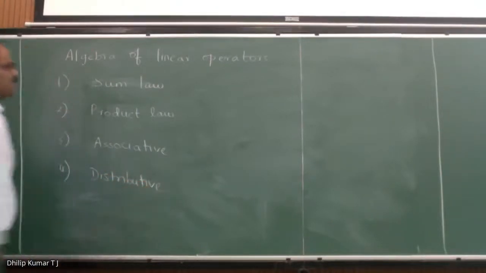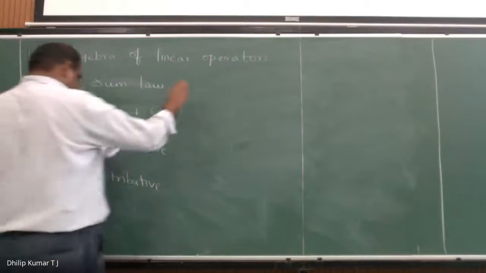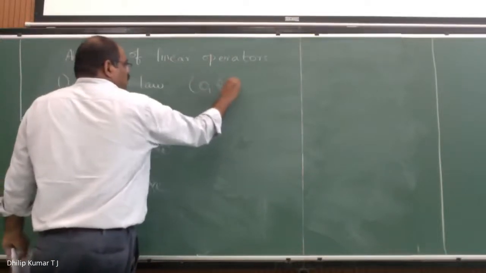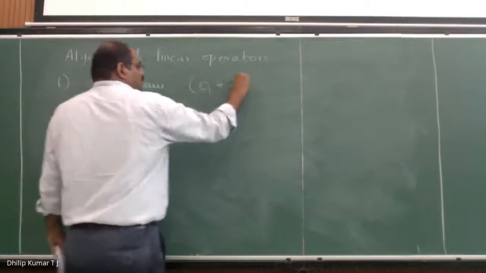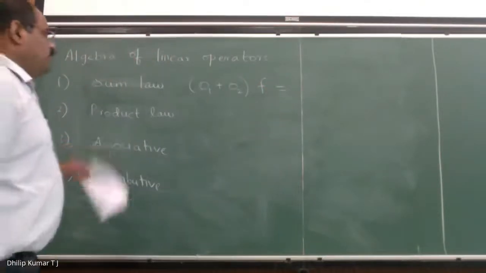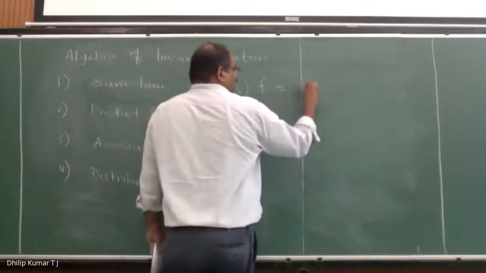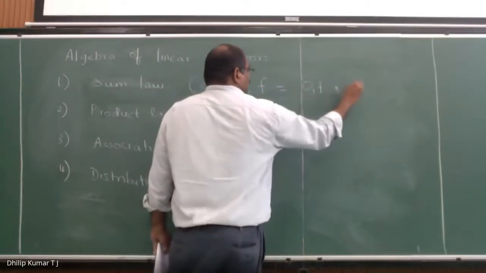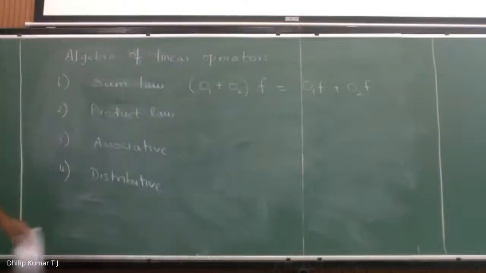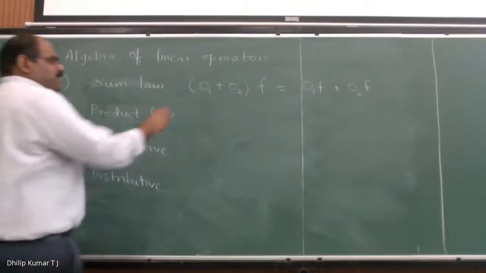So the sum law is, if you have two operators, I call them O1 and O2, sum them up and act on a function, it will result in O1f plus O2f. You can write it like this, right? These are basically operators.